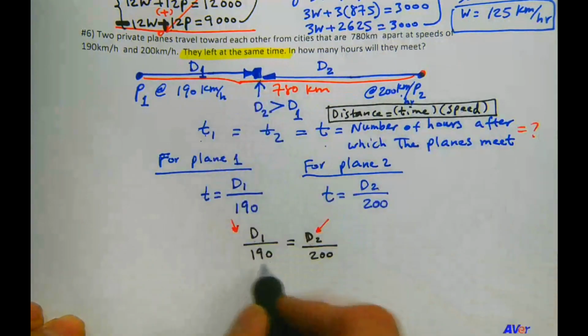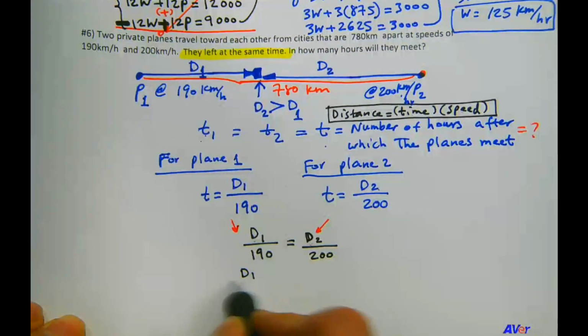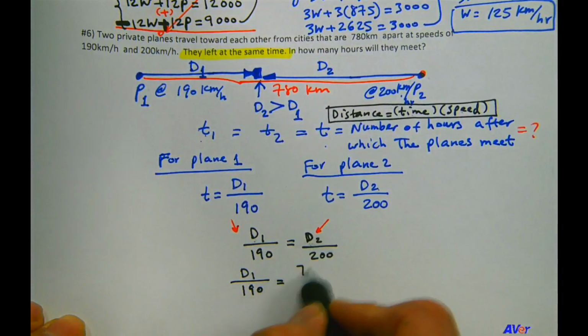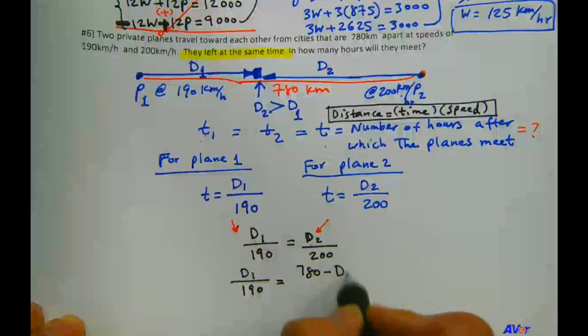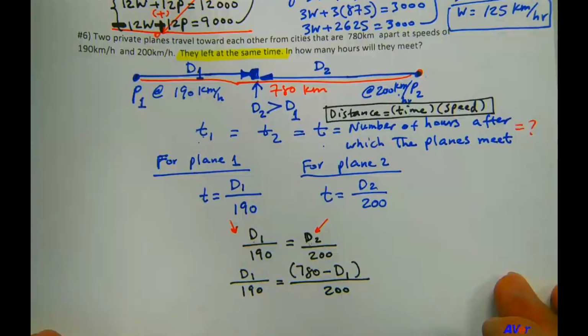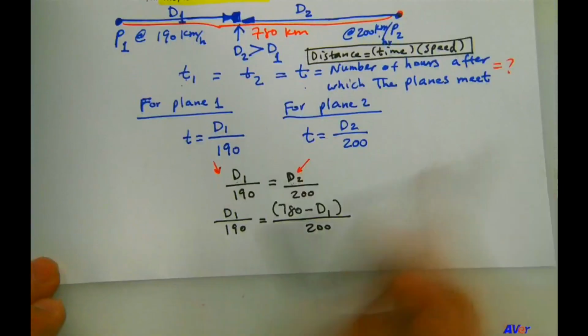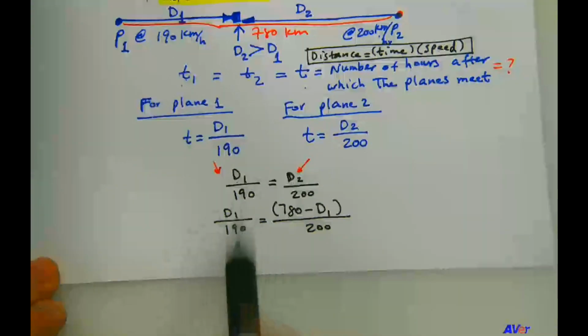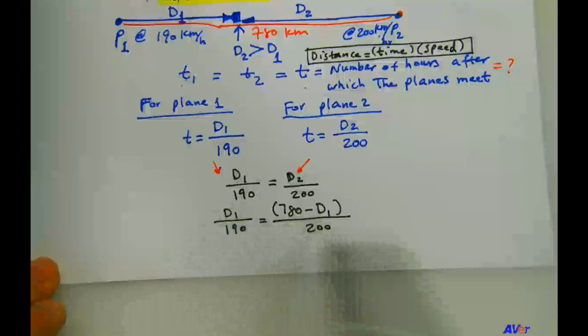Okay, let's do that. So D1 over 190 equals D2, which is 780 minus D1, over 200. So now we have this ratio equal to this ratio. Only D1 is missing, so we should be able to solve this.